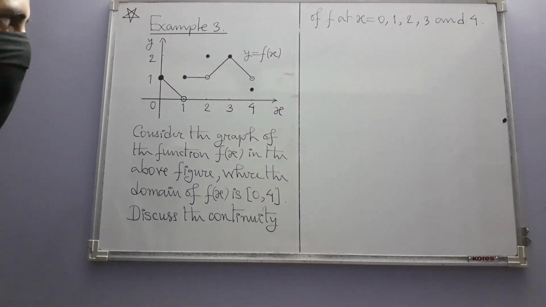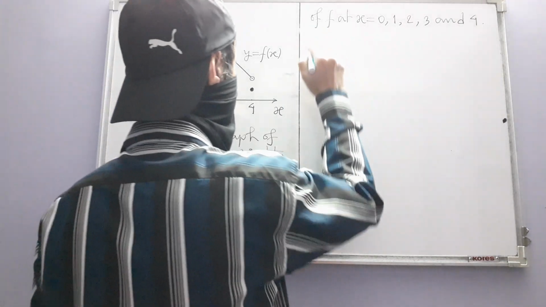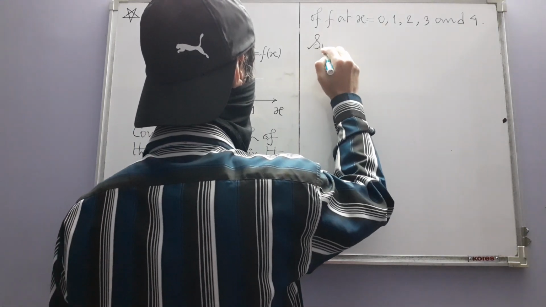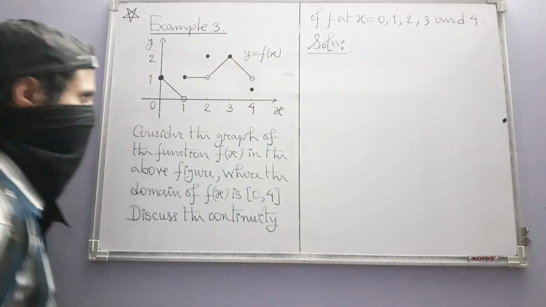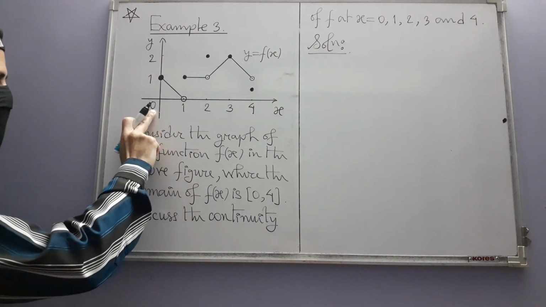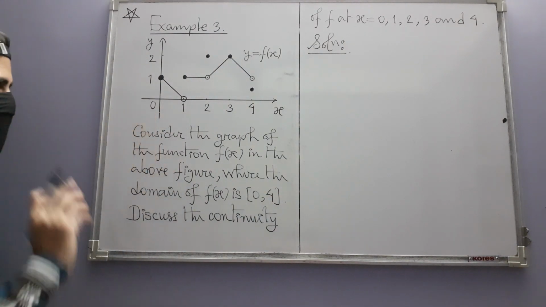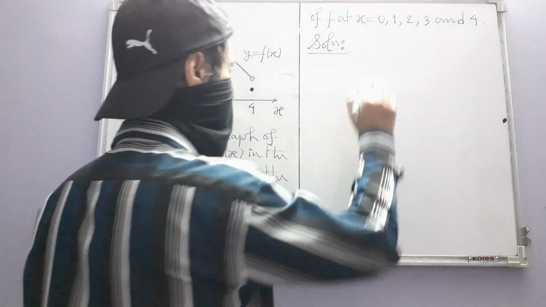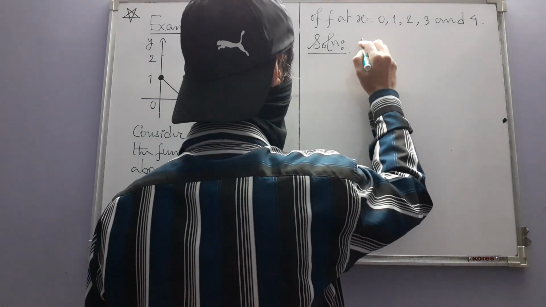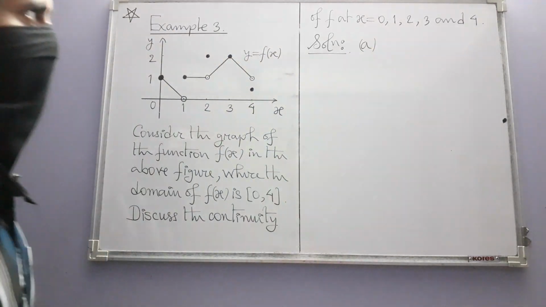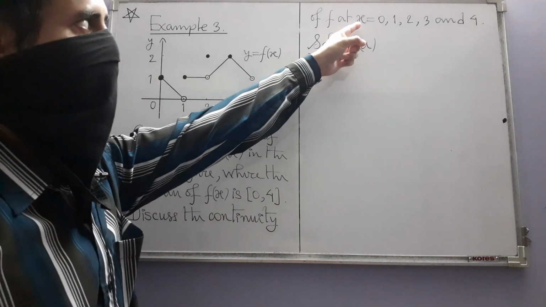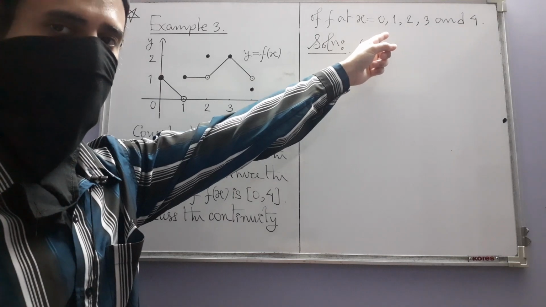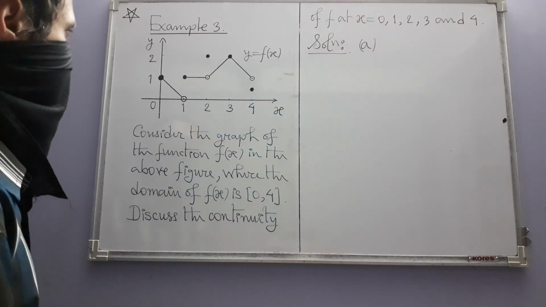So let's see. First we look at 0. Let us name this A. That means in part A we are going to discuss the continuity of f at 0.